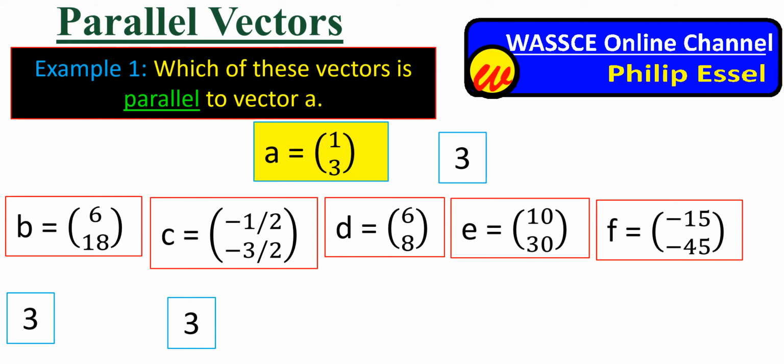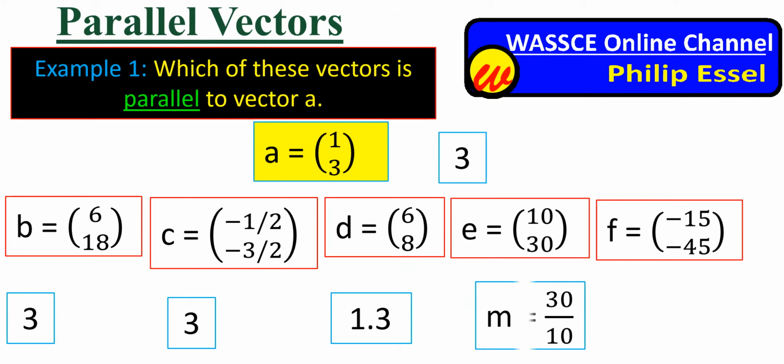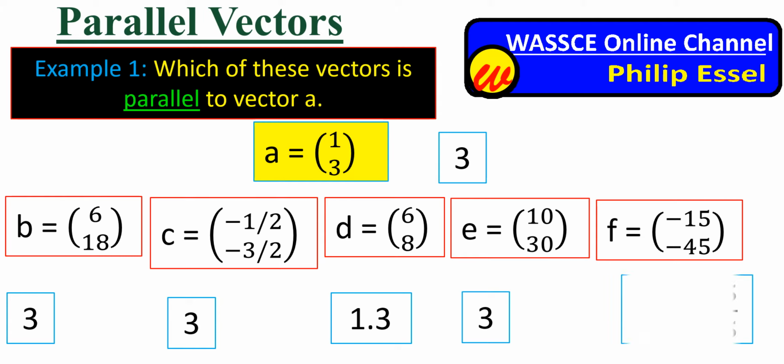The gradient of the vector D would be equal to 8 divided by 6. When you calculate this, you would get 1.3. The gradient of the vector E would be equal to 30 over 10. When you calculate this, you would get another 3. Finally, the gradient of the vector F would be equal to negative 45 divided by negative 15.